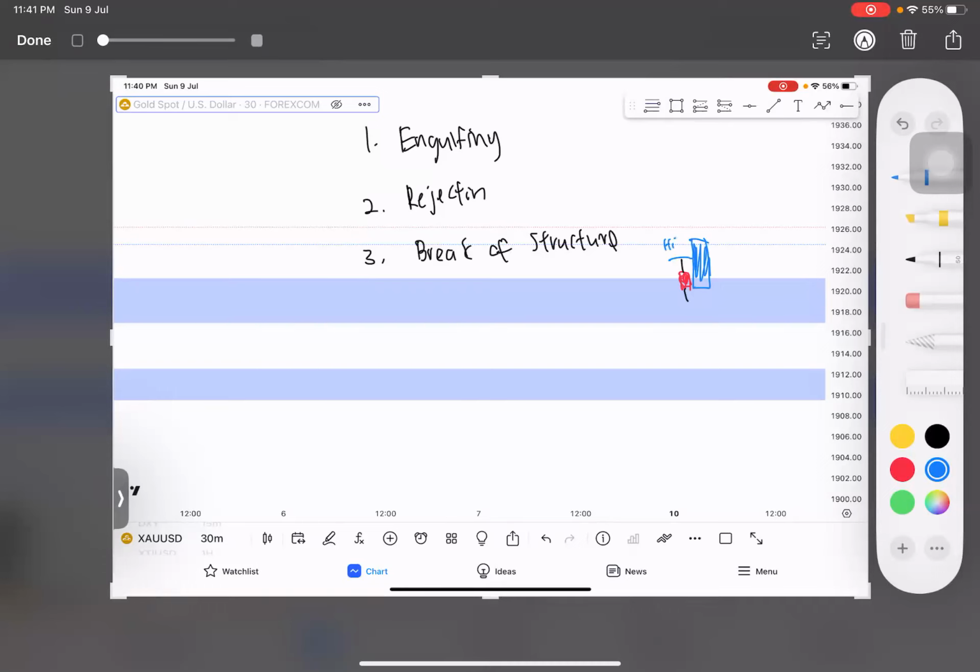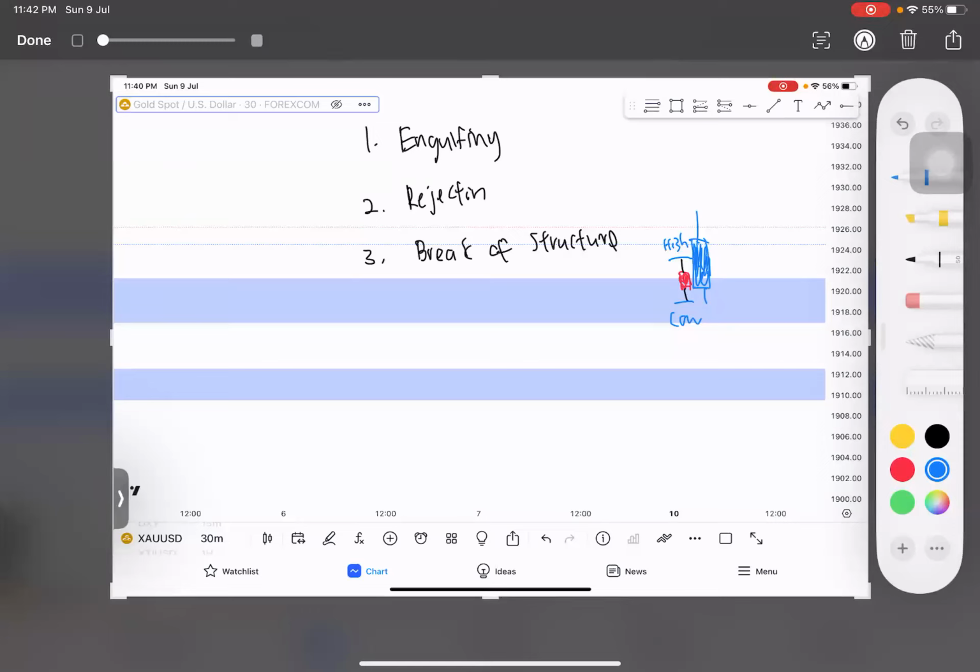This is the candlestick's high and low, right? The body has to close above the high to show that there's a very strong bias. The body is the key. This is for the buy.